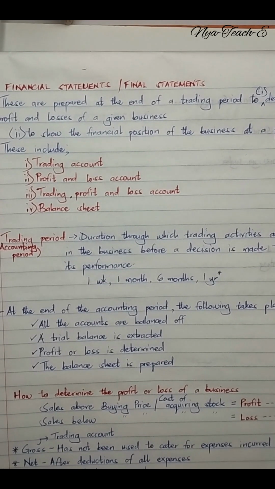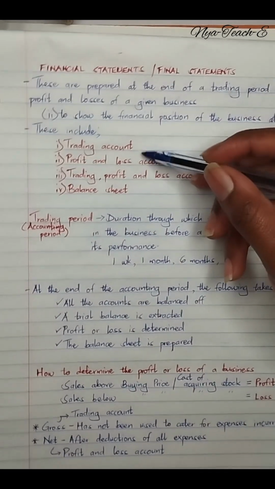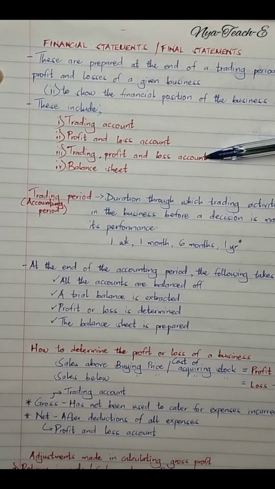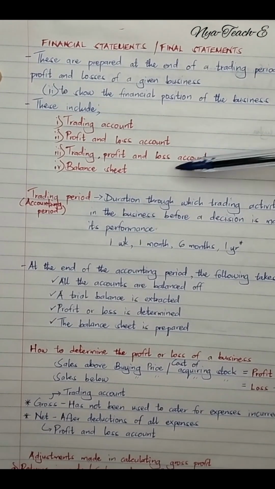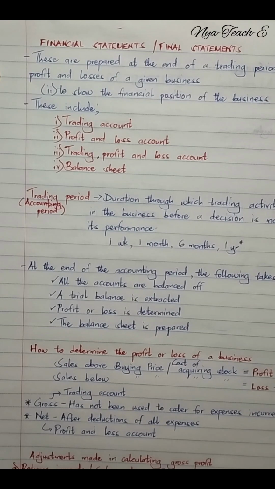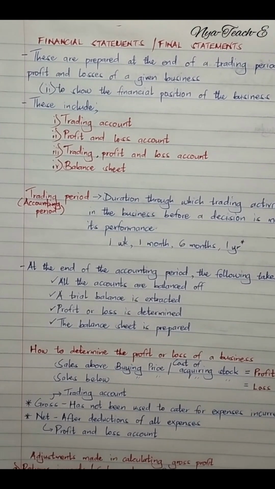These financial statements include trading account, profit and loss account, trading profit and loss account, and the balance sheet. These four are what we refer to as financial statements.